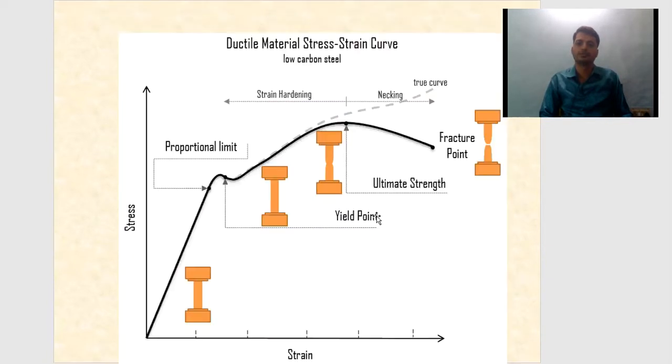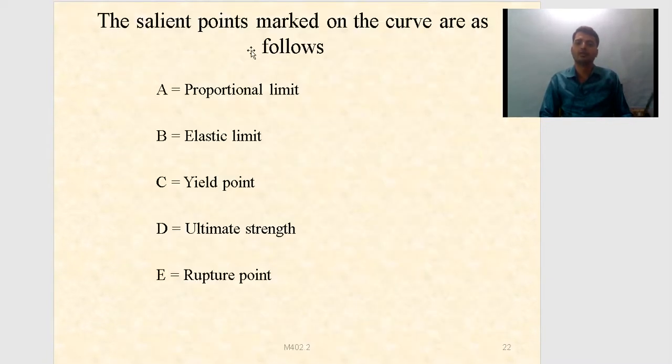Next, these are the significant points marked on the curve as shown in the figure: proportionality limit, elastic limit, yield point, ultimate stress, and rupture point. These are the different points we understand from this graph.